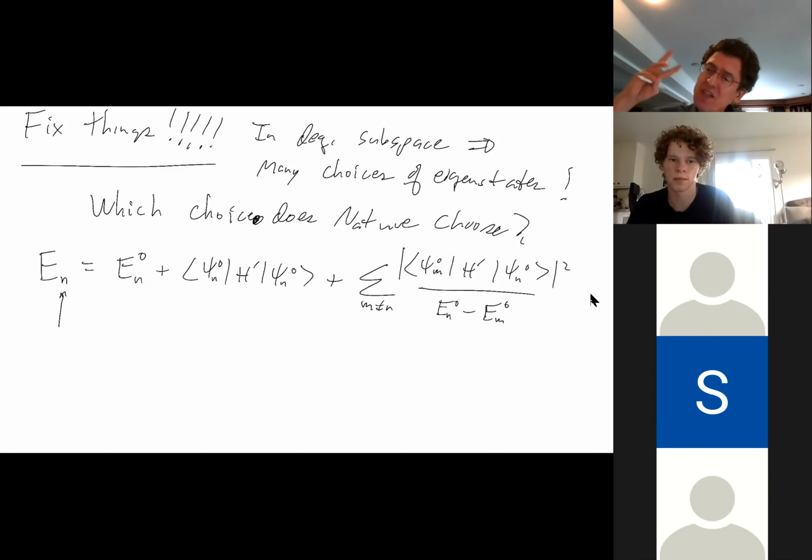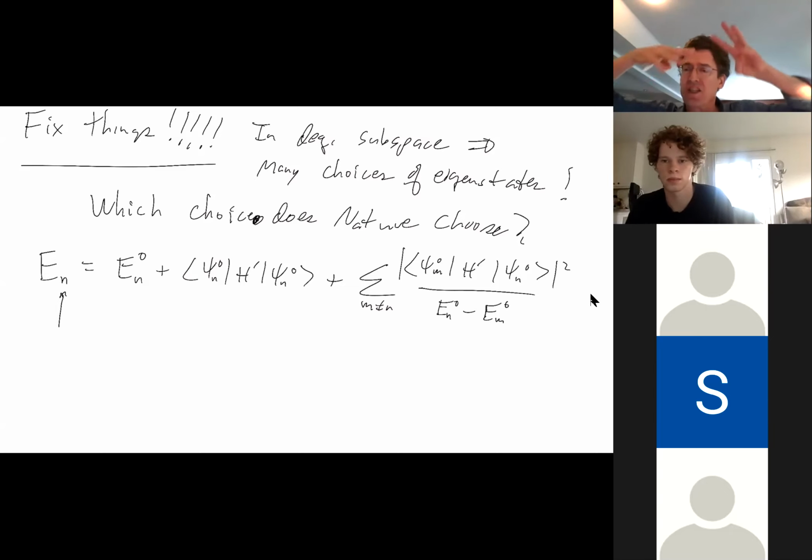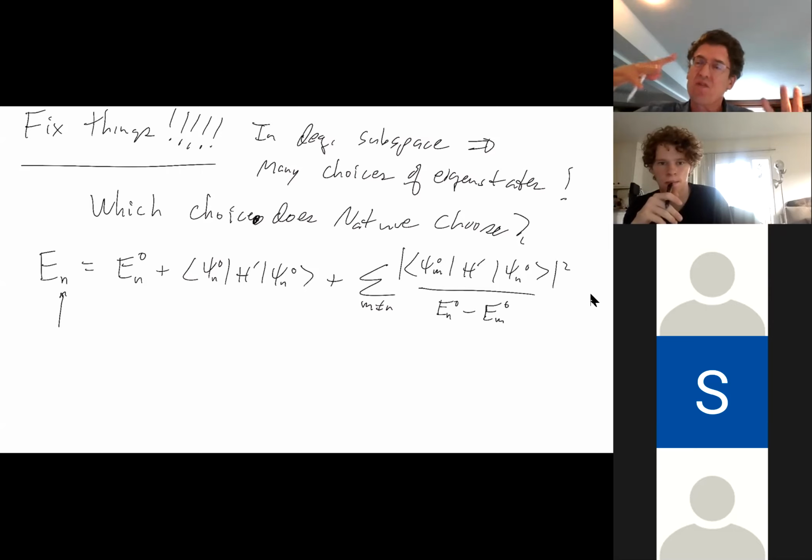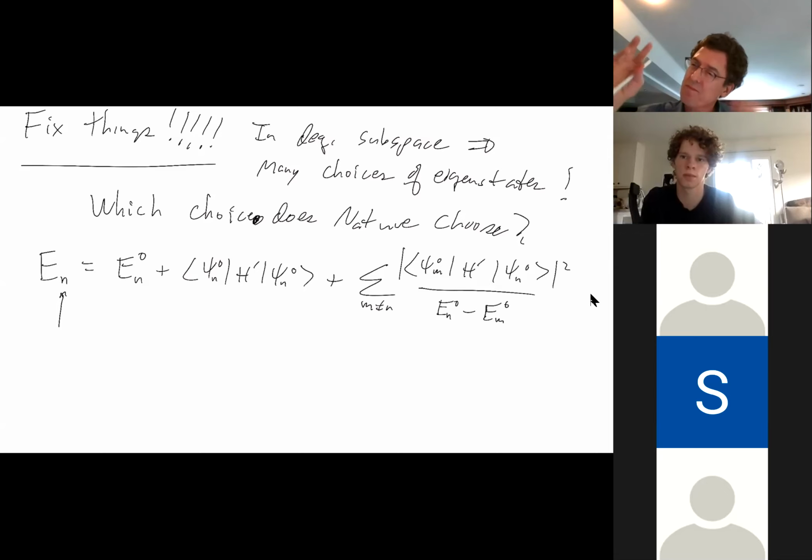But we have many choices for the eigenstates in the degenerate manifold. So which eigenstate should I plug into this formula? I don't know which one, because I have many choices, because I could create different linear superpositions within the degenerate manifold. So which is the choice that nature chooses?